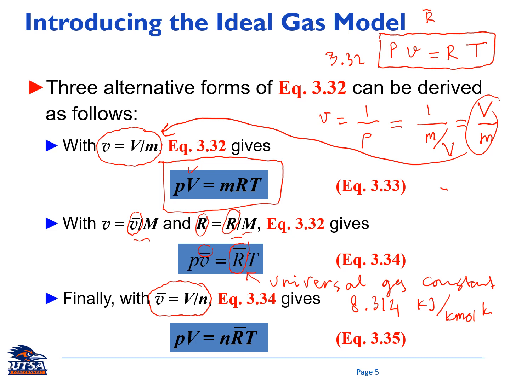If we apply this correlation to equation 3.32, then we will get equation 3.35: P times V, capital, so this is volume, equal to N, the number of moles, times R with upper bar, the universal gas constant, times T. So you can see we have four different forms of the ideal gas equation of state: equation 3.32, 3.33, up to 3.35.